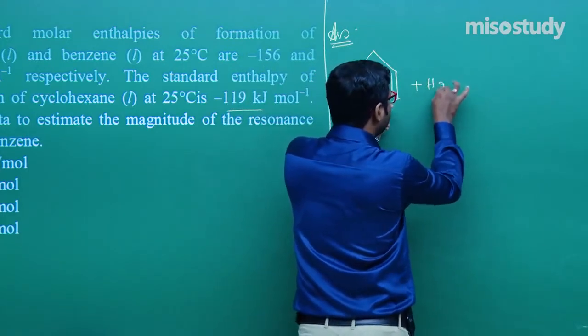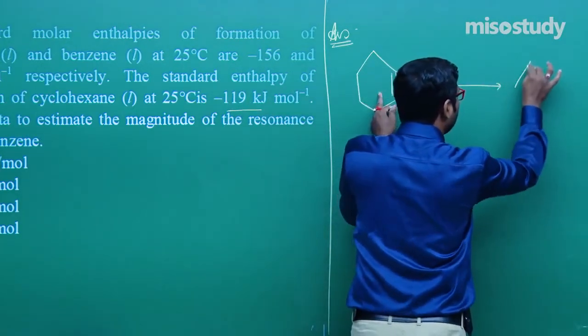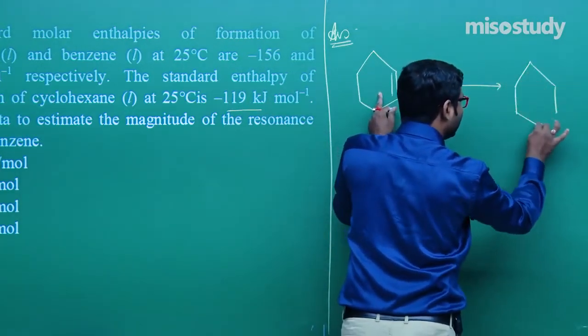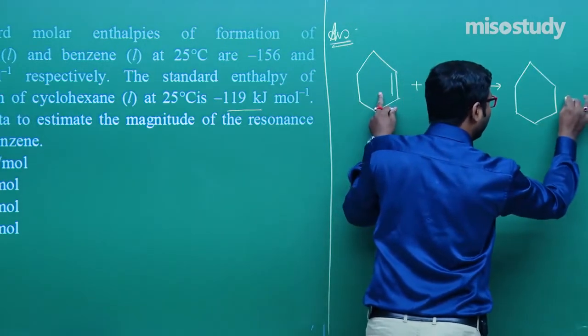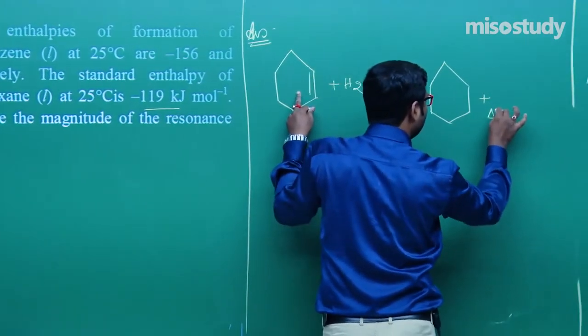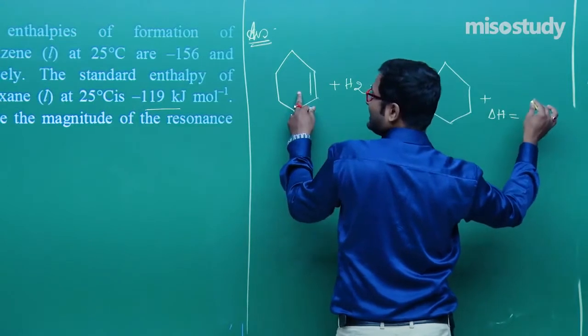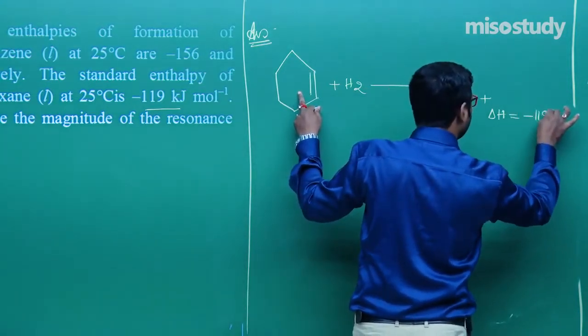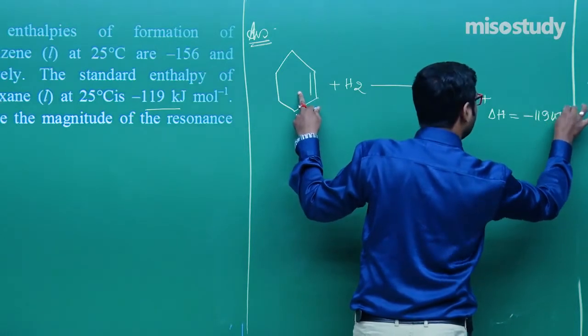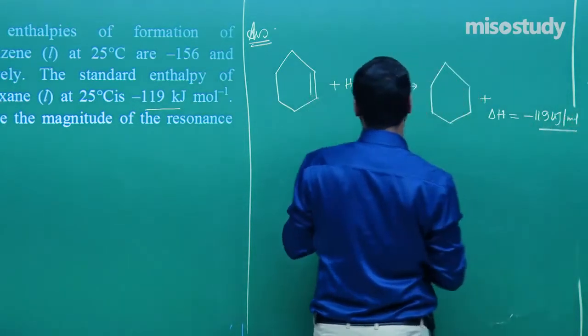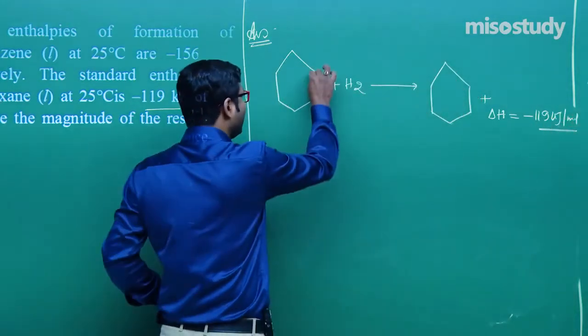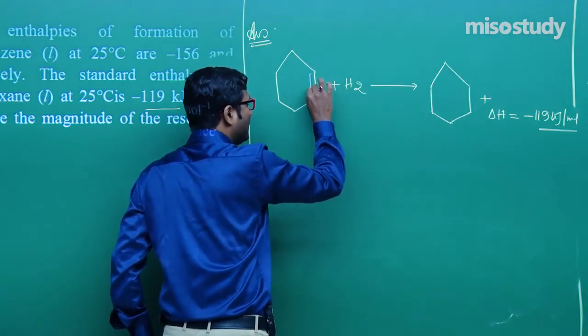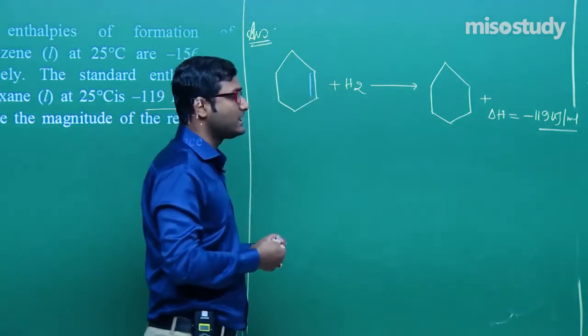Hydrogenation gives you cyclohexane. In this case delta H is equal to minus 119 kilojoule per mole, according to the question. There is a conversion of one double bond into a single bond.